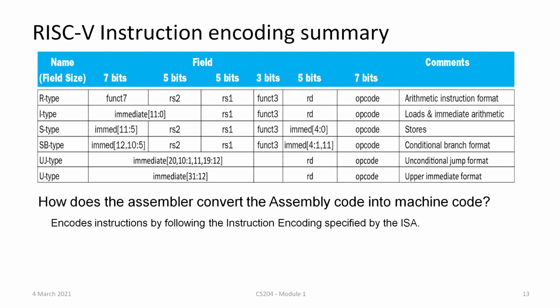What we have seen in RISC-V is R type, I type, S type, SB, UJ, and U type encodings. Just these 6 types of instruction encodings are there. If you are curious, look at the IA32 architecture.